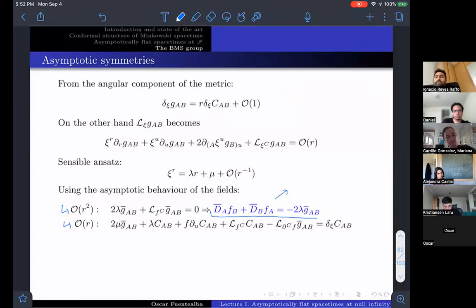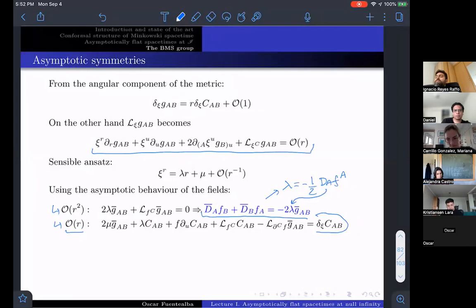We can take the trace of this equation, and we will find that lambda must be equal to minus 1/2 times the divergence of the conformal Killing vector Fa. So if we replace lambda here, we will obtain the equation for the conformal Killing vector Fa. And also from the order R of the asymptotic Killing equation given by this expression, we obtain the transformation law for the shear CAB, which is related to the news.